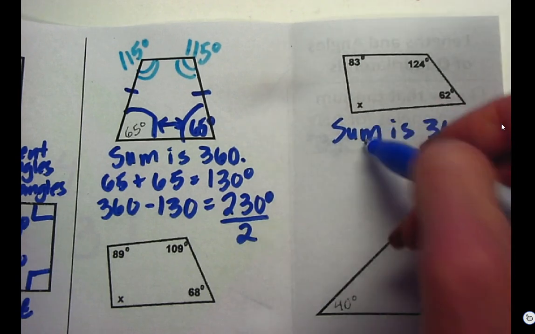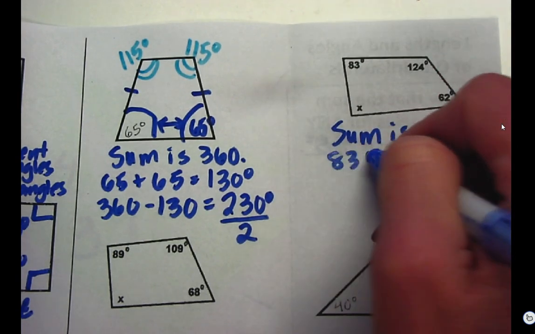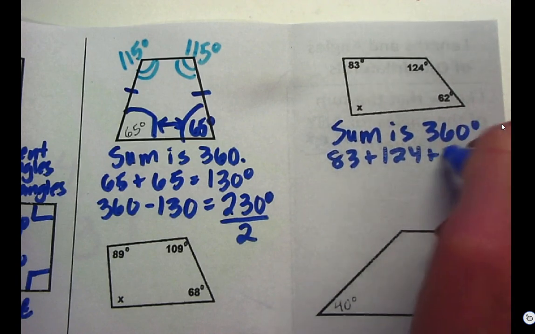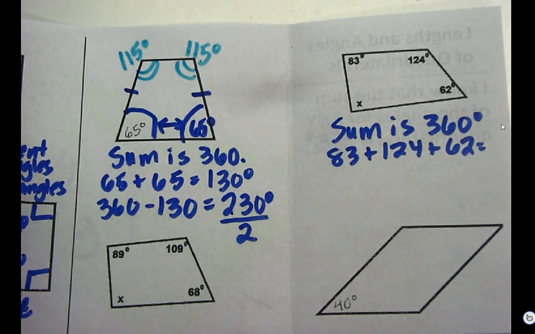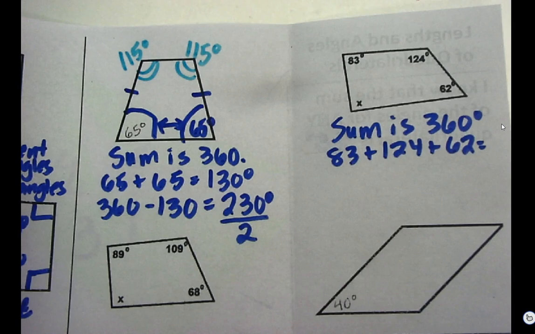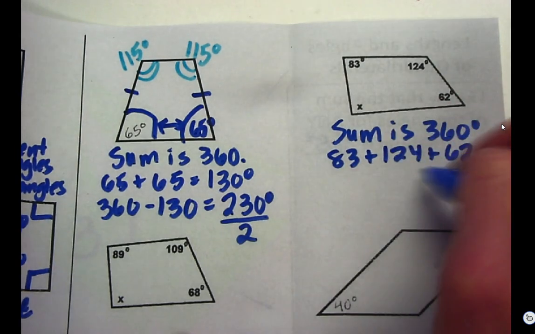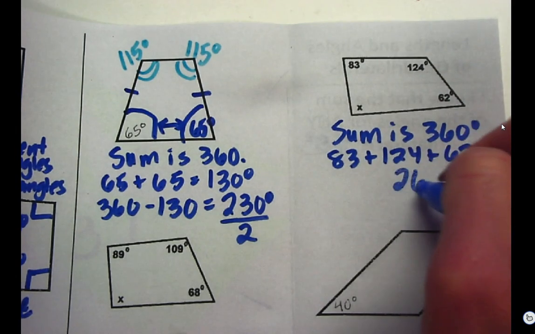So what that means is I can add 83 plus 124 plus 62. And what do I get? If I add up all those angles, you can use your calculators. Some of you have them out. Who's got it? 269. So that means that this is 269.